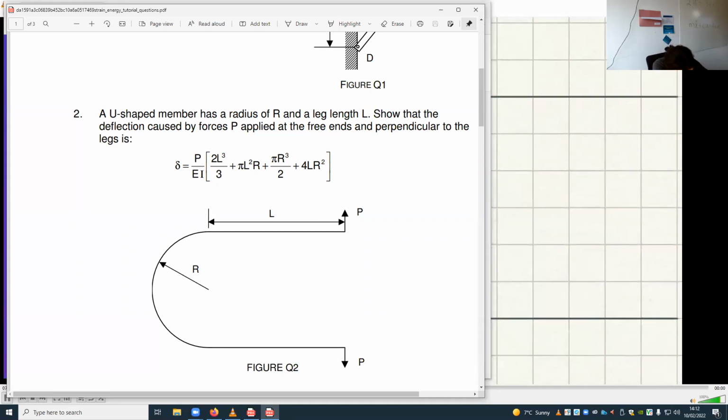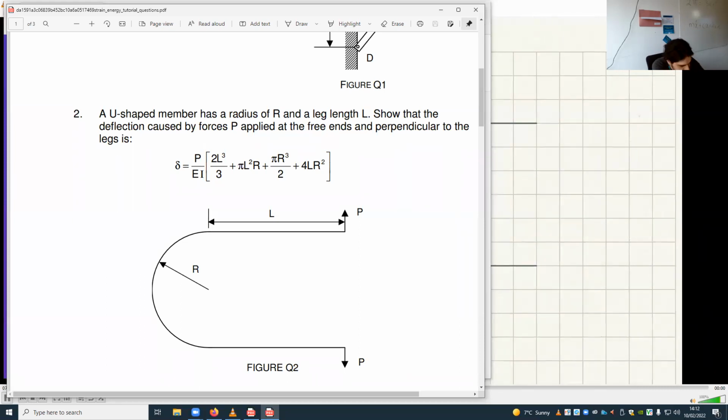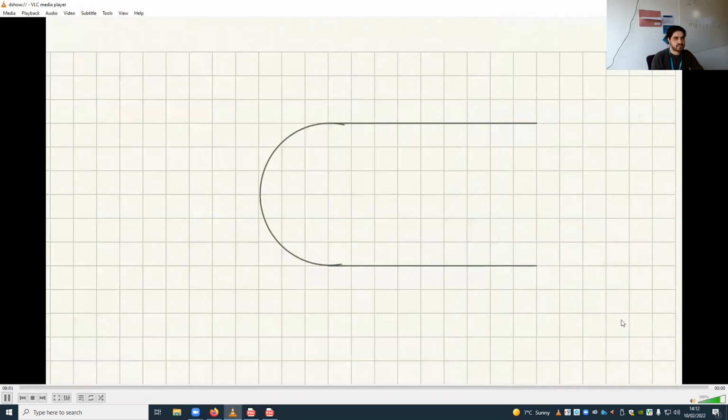This has a radius of R. That's very important because we must know the entire geometry of this thing. And it has a length of L. And the two forces applied are P and P.